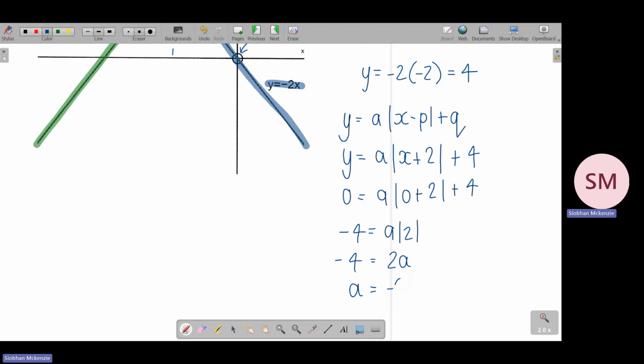So a is minus 2. So the equation of your absolute value graph is y is equal to minus 2, open bracket, absolute value of x plus 2, close bracket, plus 4. Would you expect it to be a negative a? Yes. Okay. So we're happy.